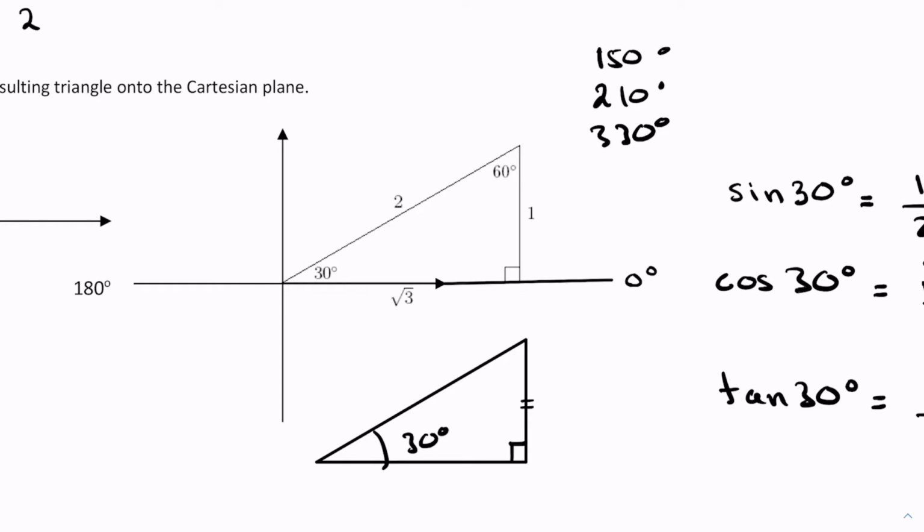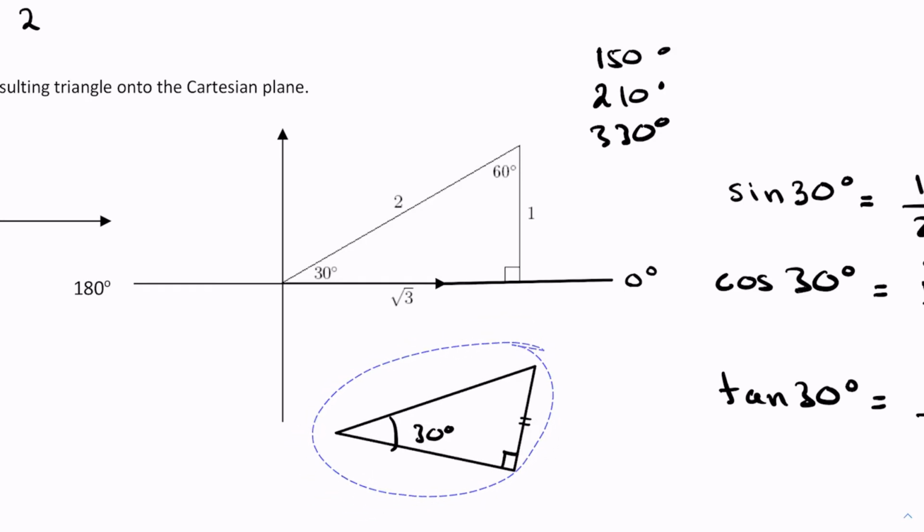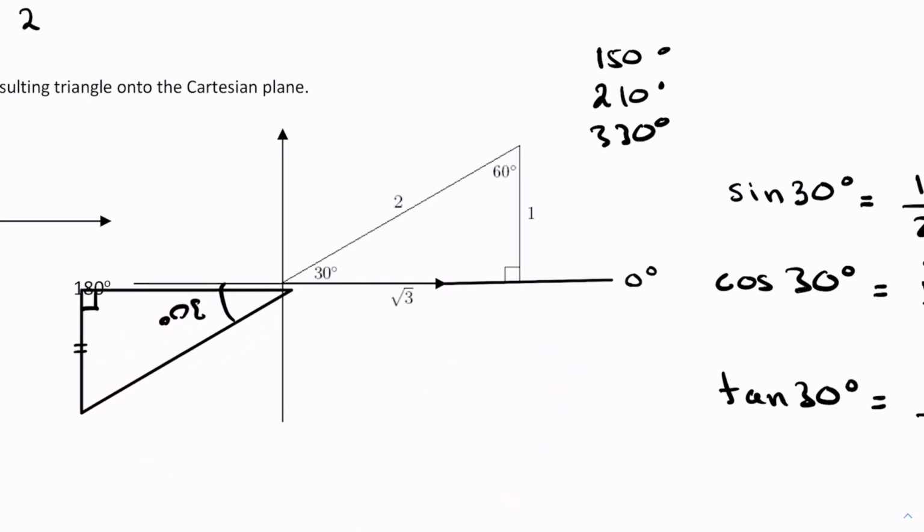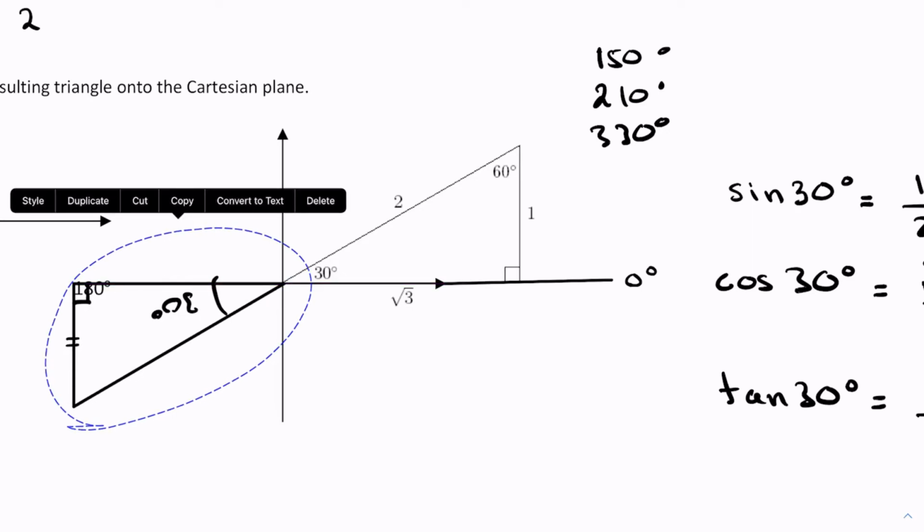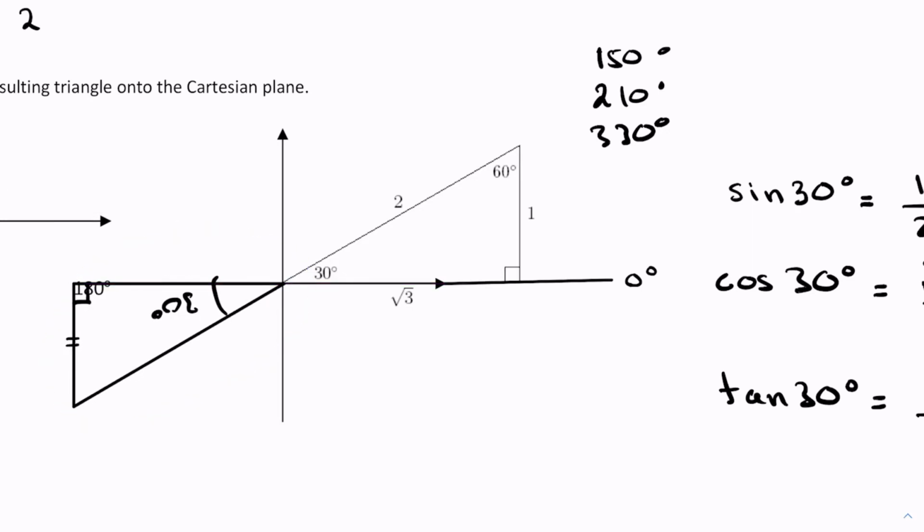So here's what I mean. I'm going to take this guy, and I can't really reflect it in this app, but I'm going to do this at least. Now I'm looking at this angle here, right? That's going to be 210.